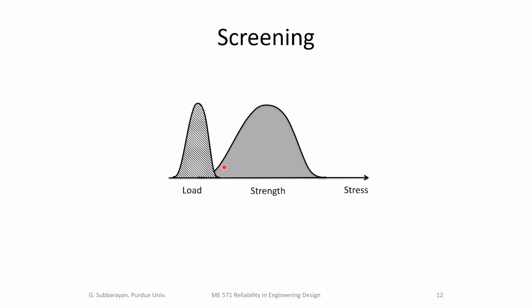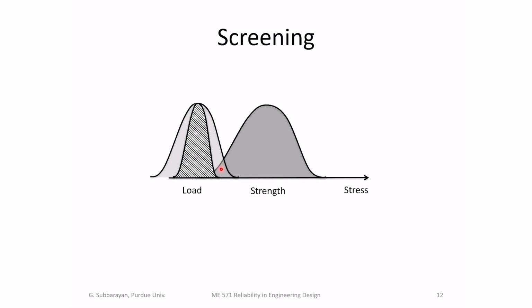The way I might do that is by applying a larger load than I expect the user will subject the product to. So this is the larger load I subject the part to before I send it out to the field. After manufacture, I subject it to some larger load. And as a result, I take out some population, and I make sure that this larger load is not so large as to weaken the whole population, but only a small portion of the population is weakened.